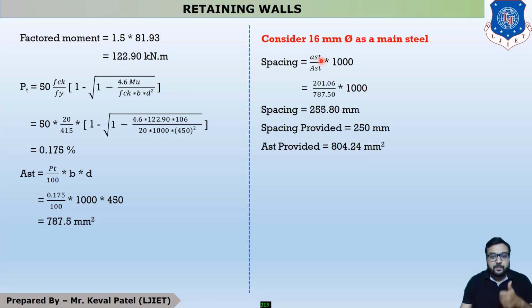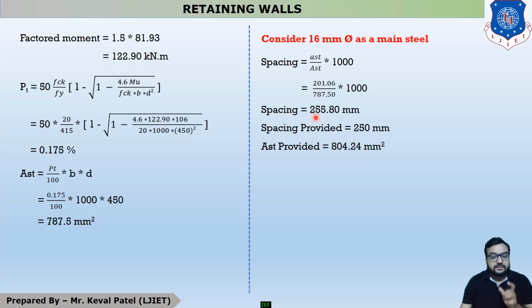Small ast is pi by 4 into d square. It means we provide a 16 mm diameter bar as the main steel bar, so our value of d is 16 mm. So our value of small ast is 201.06 mm square.